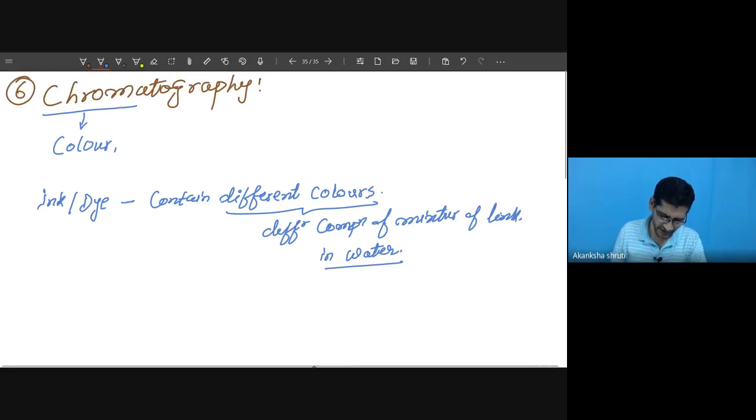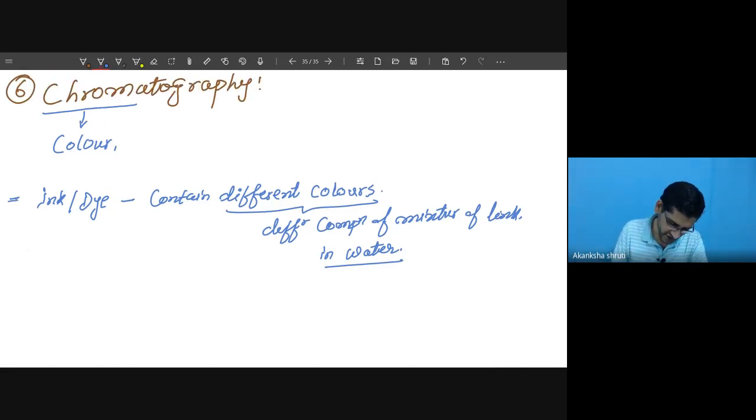When such a color mixture or dye is allowed to move over a chromatographic paper, then the colored component which is more soluble in water is able to move faster over the paper.